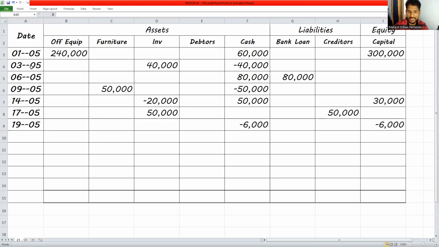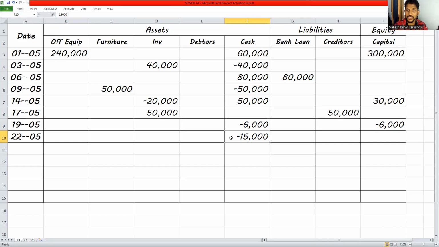Next is 22nd of May. Paid 15,000 to creditors. Cash minus 15,000. I told you this 6,000 is an expense. But what about this payment?